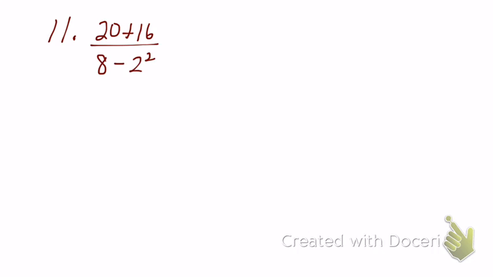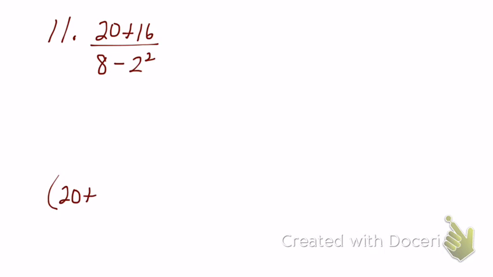So 20 plus 16 over 8 minus 2 squared. It turns out that a fraction bar is a sort of, what's the word I'm looking for? I can't remember the name, but basically that division bar separates the problem into like 2 different problems.